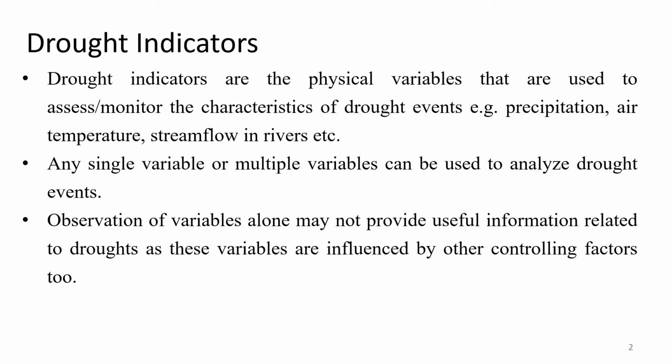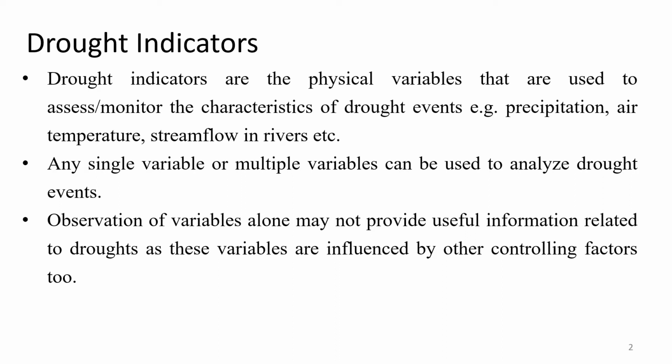So these variables are drought indicators, and either a single variable or multiple variables taken together can be used to analyze drought events. For example, we can use only precipitation data for monitoring meteorological drought. When there is a lack of precipitation over an area, typically the area will become dry and the air temperature will slightly increase compared to when the area receives normal rainfall. So such feedbacks exist.